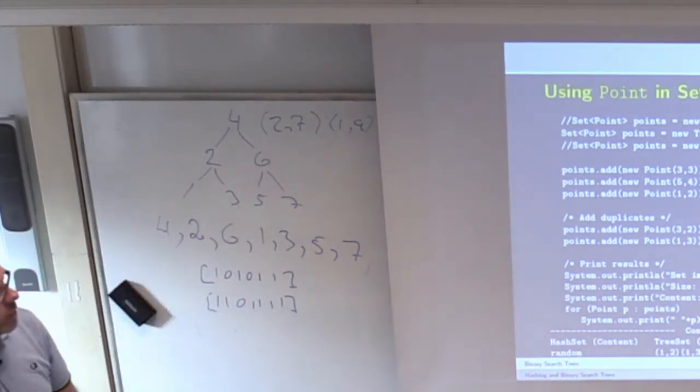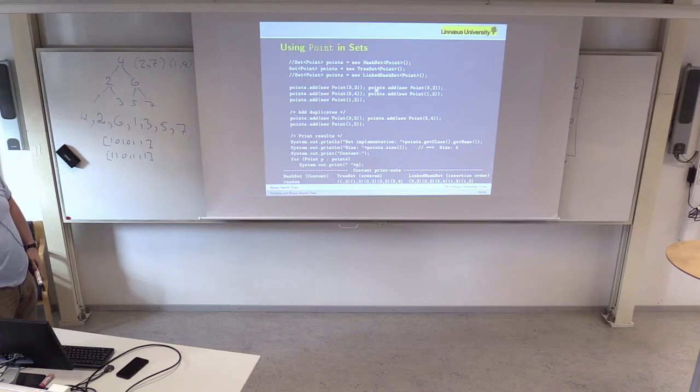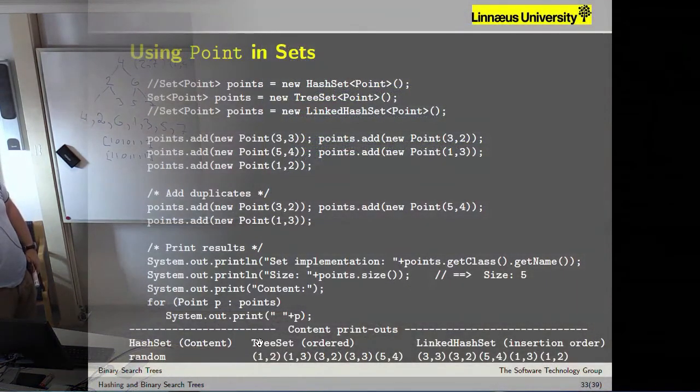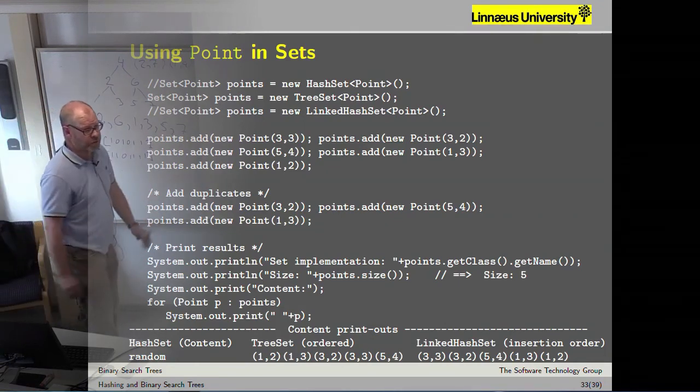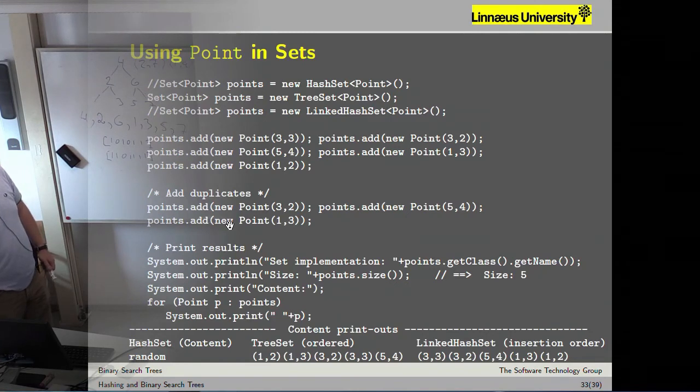So I add them to the tree set in random order, but when I pick them out, here they come out sorted. When I'm using the linked hash set, I'm adding them, and they are coming out in exactly the same order as I was adding them here. So the linked hash set maintains the insertion order and disregards any duplicates.